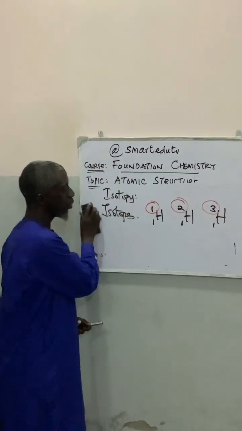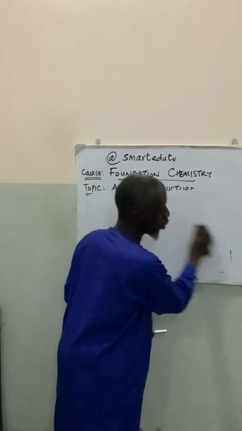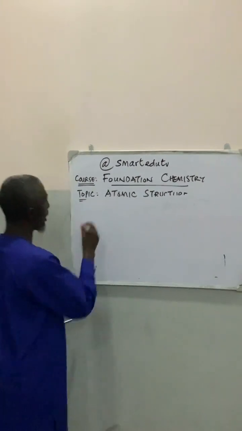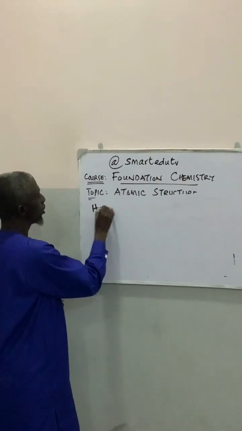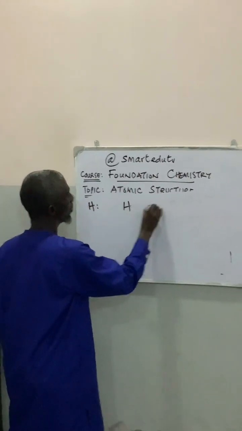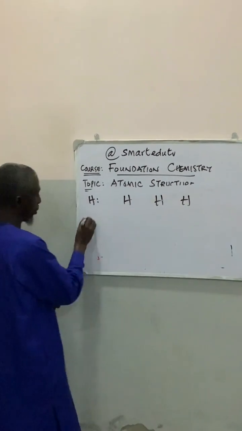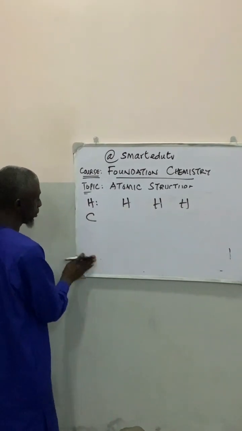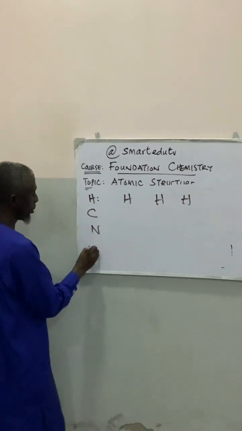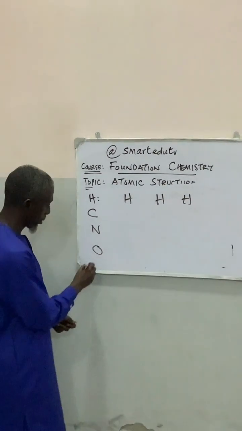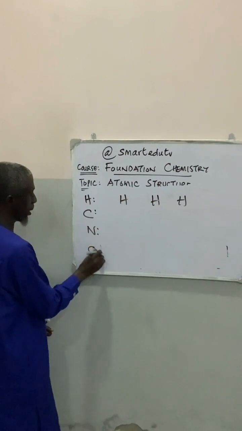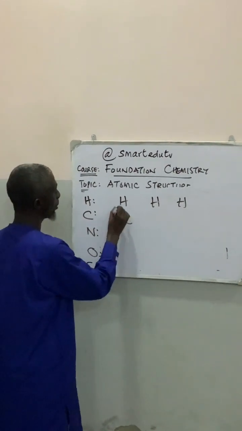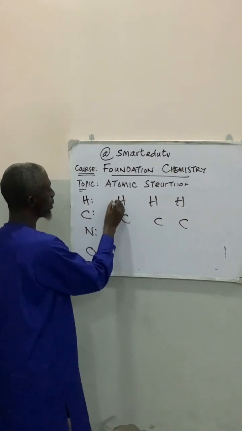Aside this one, we have some other isotopes. Let us list them and we see. For the hydrogen, for the carbon, for nitrogen, for oxygen, for chlorine. Let's see what we have in them.